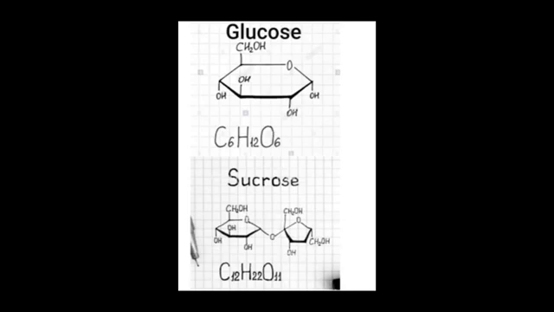In sucrose, the ratio of carbon, hydrogen, and oxygen atoms is 12:22:11, which is not in the simple whole number ratio. In case the ratio is 12:22:12, we can say that it is in the simple whole number ratio.